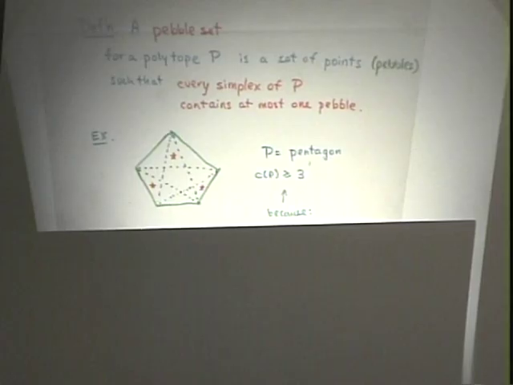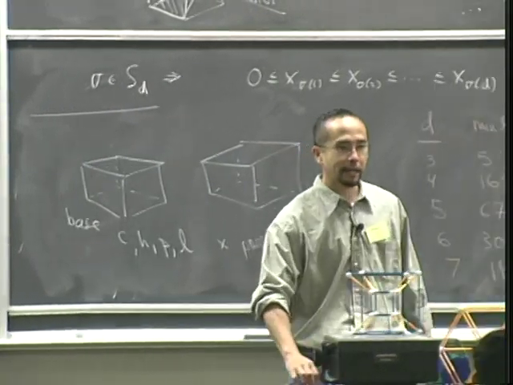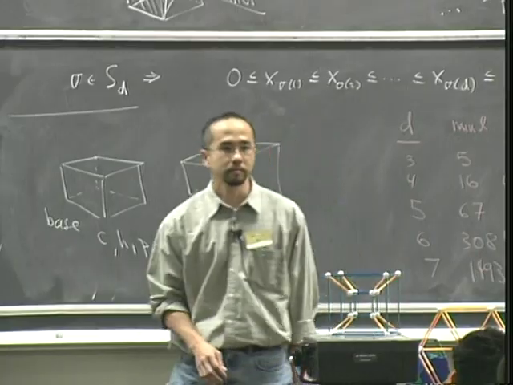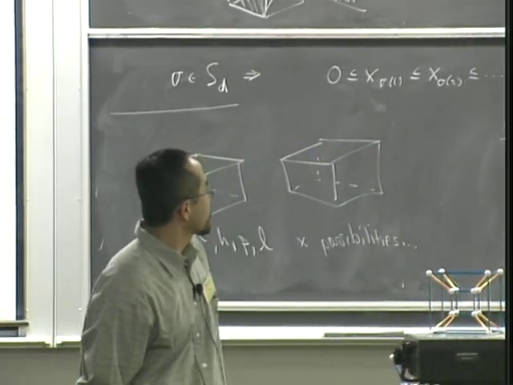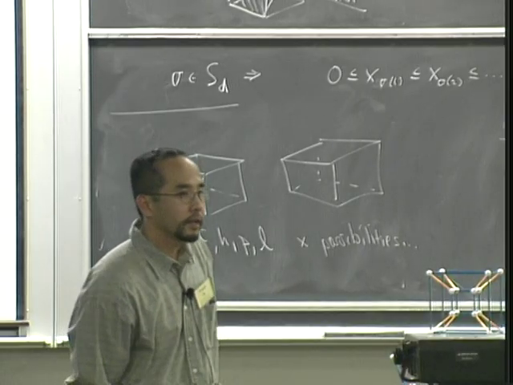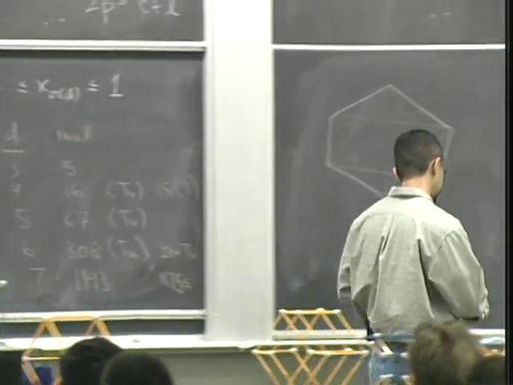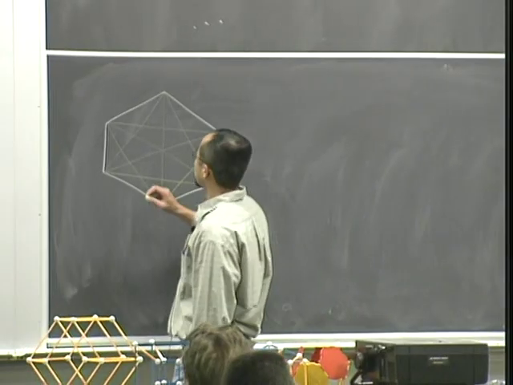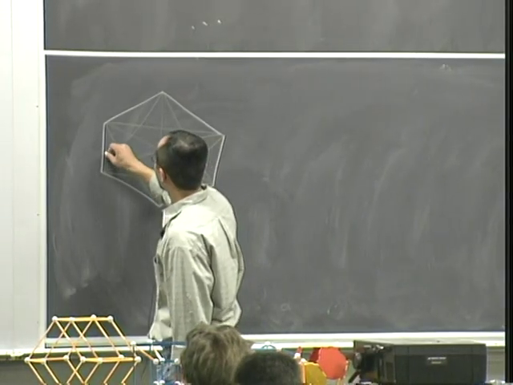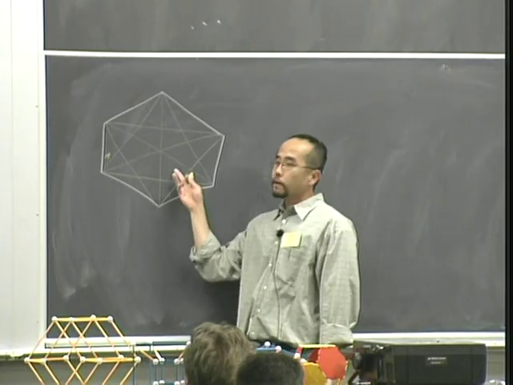Place as many pebbles in chambers so that each simplex contains at most one pebble. Take a minute to do that. You could start just by randomly placing them, right? But how could you do that? And why does this relate to minimal triangulations? Let's see. Oh, if I place one right here, then can I place another pebble here?